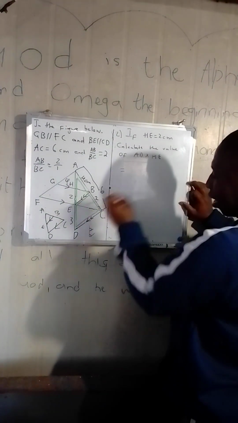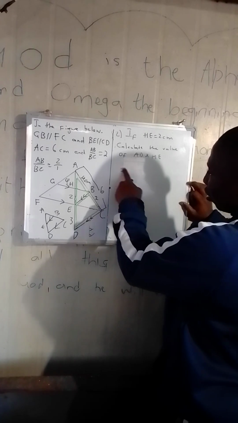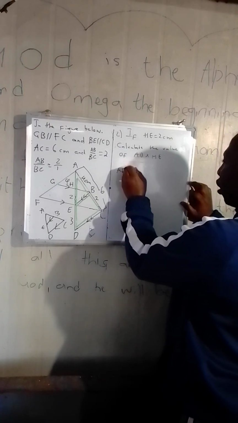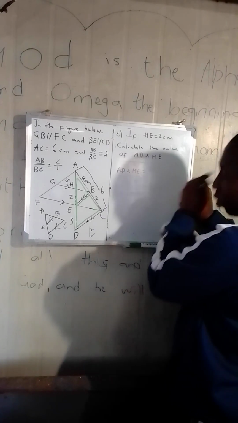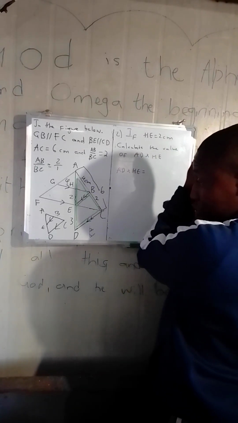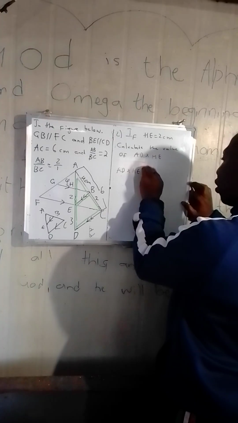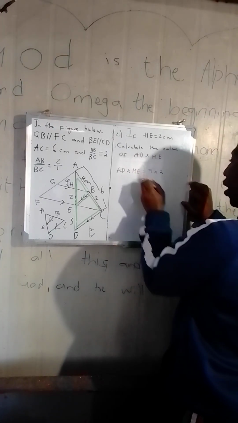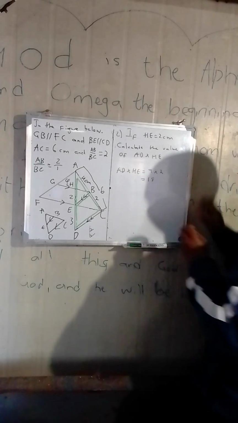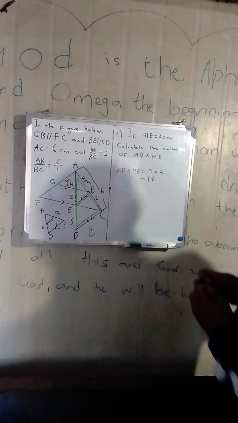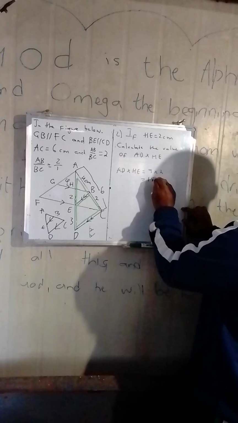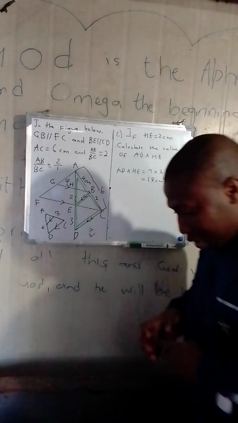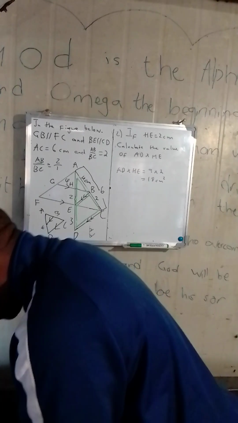So AD times HE is 9 times 2, since HE is 2, and AD is 9. Then 9 times 2 is 18. So we have 18 centimeters squared. So that's 18. Let me just confirm my answer there.